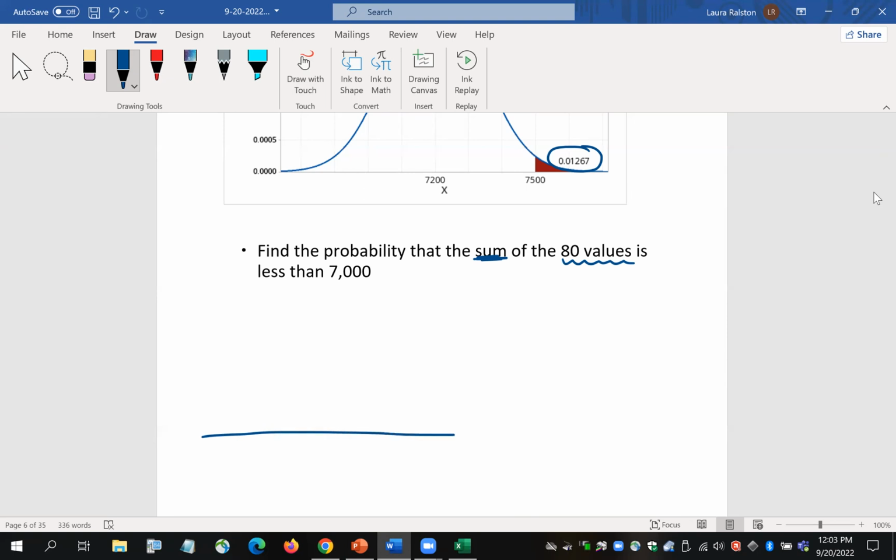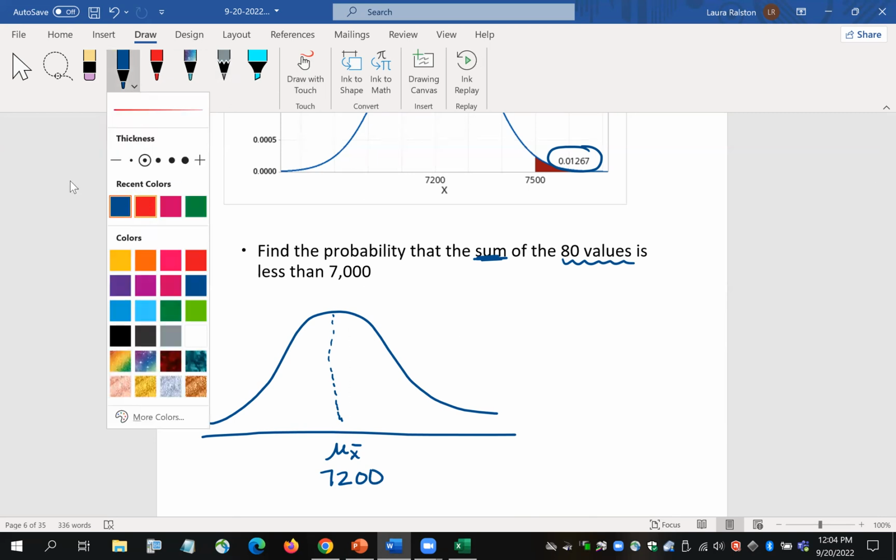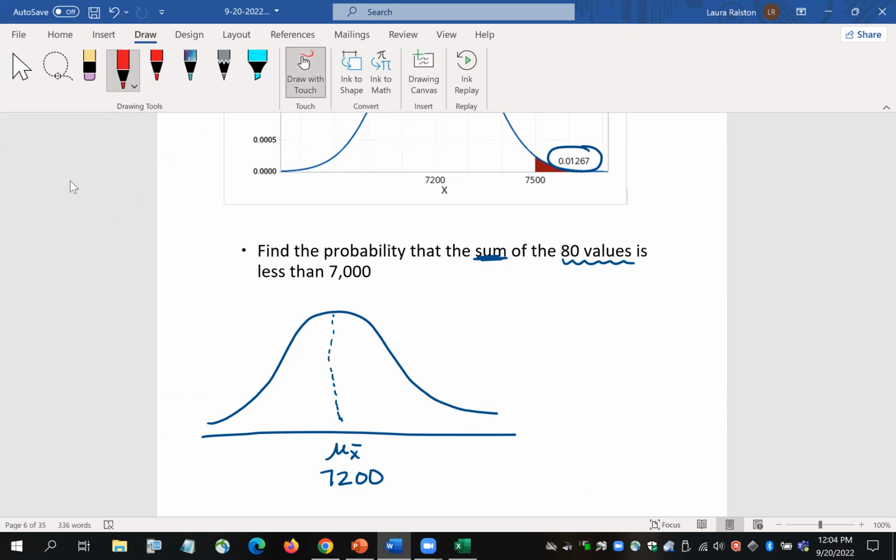So again, we know that we have a normal distribution because of the use of the central limit theorem for sum. The mean is 7,200. We want to be less than 7,000.